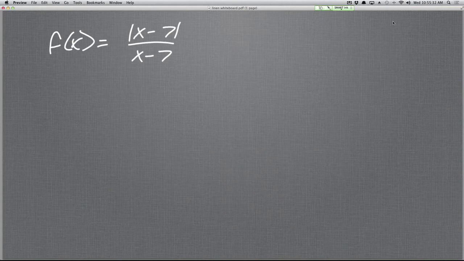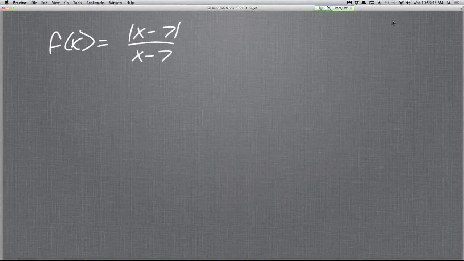Good. All right. So we can tell that there is a discontinuity where? I know there's a discontinuity at 7. I just don't know which one it is. Okay, so I can start off by saying there's a discontinuity at 7.